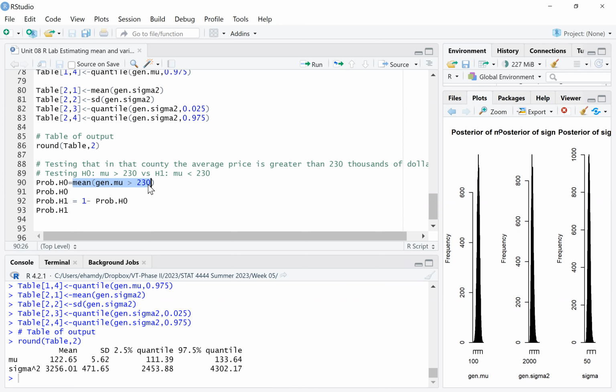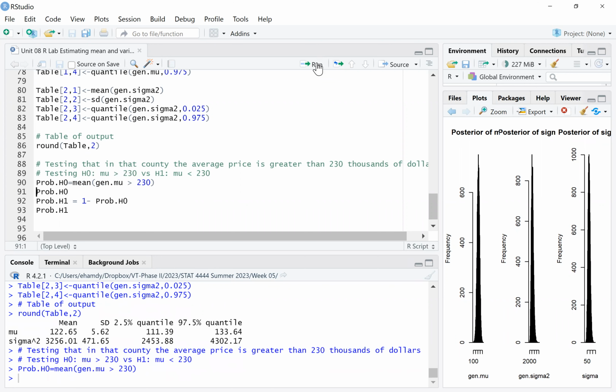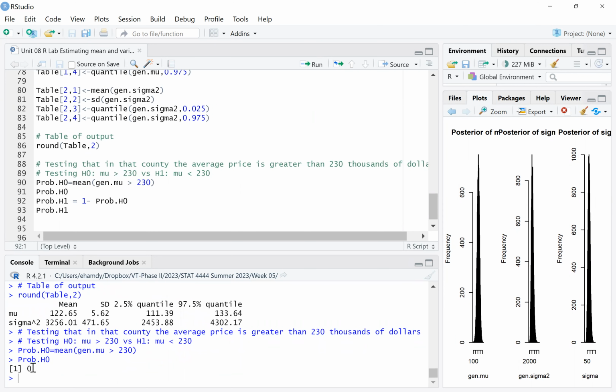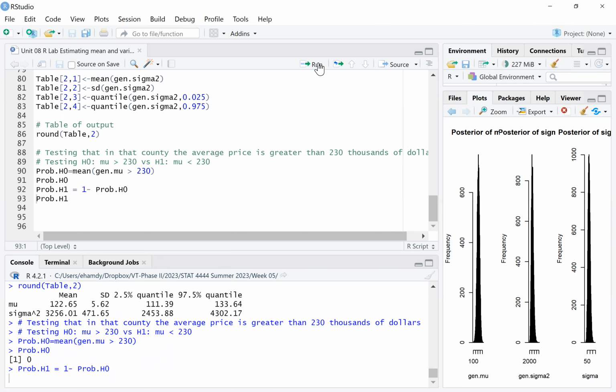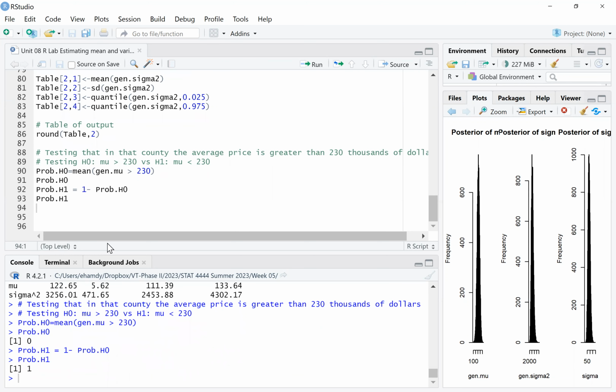It counts how many values in the random sample are greater than 230, divided by the total number of values. And this will be the probability of H0. The probability of H0 is 0. It means it is less than 230, because the other probability is exactly 1. It means for sure mu is less than 230.